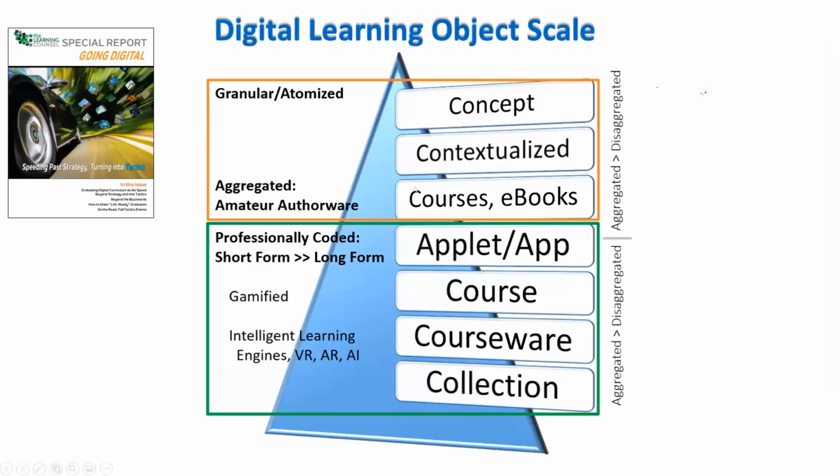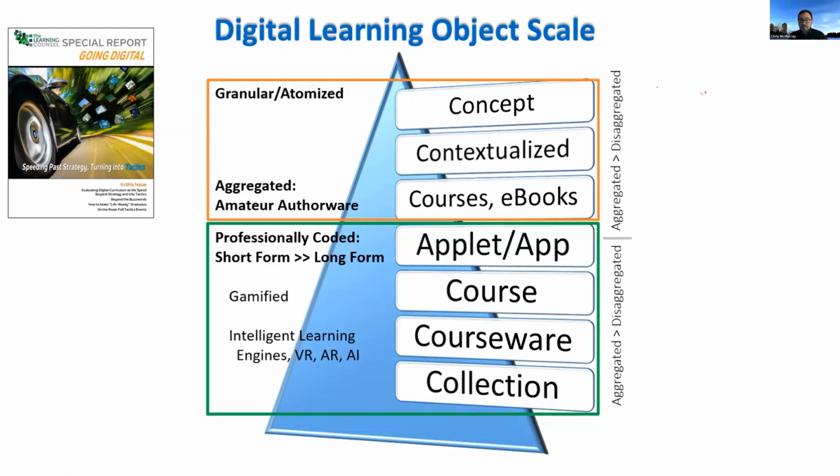So the next piece on top of this that we want to layer on is really another learning object scale. And this one is, again, not brand new. It shows up in the special report that's thumbnailed over there. You can download that from the Learning Council website. But this one starts to layer on top concepts of granularity.